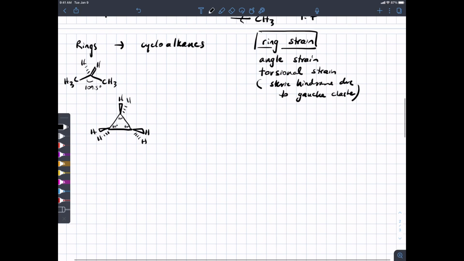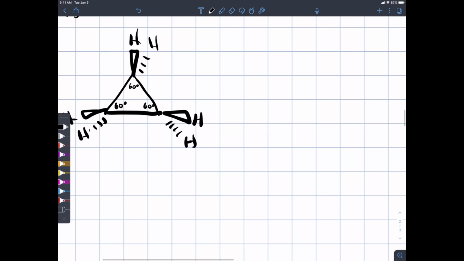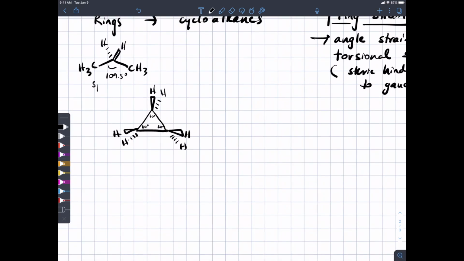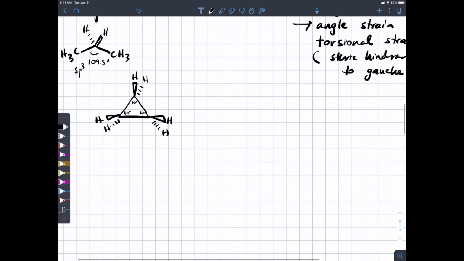associated with that. So we've talked about angle strain, which is the difference in the angle versus the idealized value for an sp3 carbon. We can also talk about torsional strain in this molecule if we, say, look down one of these carbon-carbon bonds. If we did that, here's one of the carbons of the cyclopropane ring, the other carbons in the back, we would see that the ring forces all of these things to be eclipsed with each other.